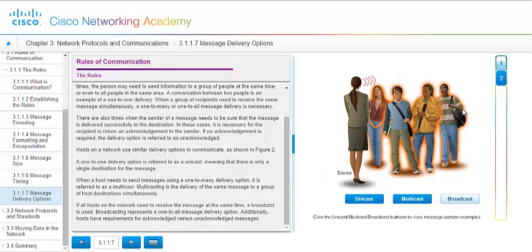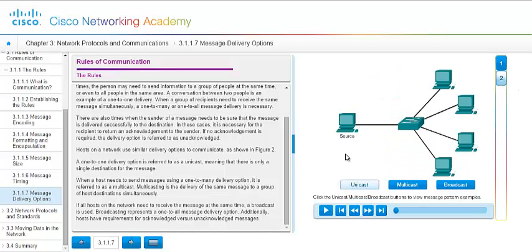And broadcast, the message is being sent out to everyone. The same works on the computer system. We have our unicast. When we send out a message from the source, it goes directly to its intended recipient. Multicast, it may go out to several recipients. And then a broadcast message is going to go to all the devices on your system.